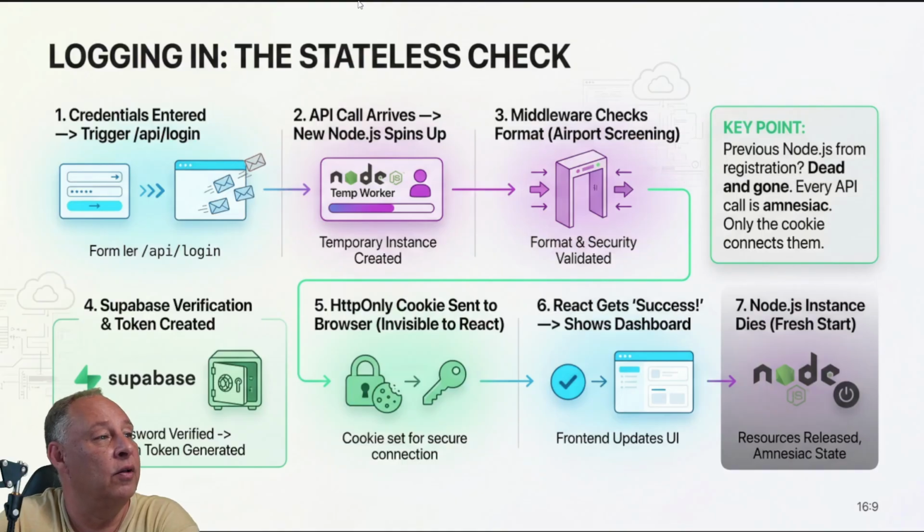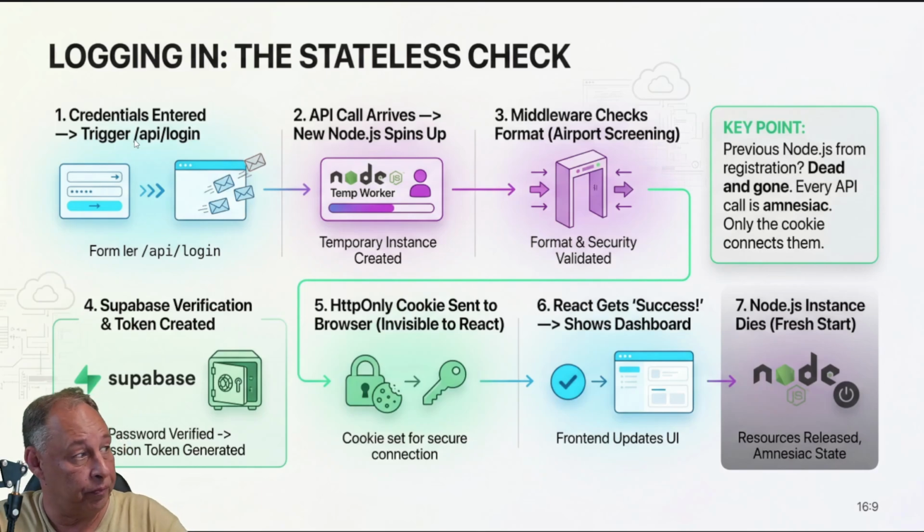So you start off with credentials entered in your login page. Your React will spin up a new scene, that is your login page, where it asks for your username and your password, right? What does React see? It says, okay, this is an API call.